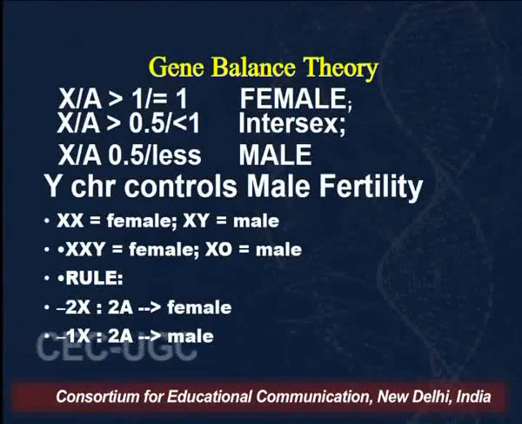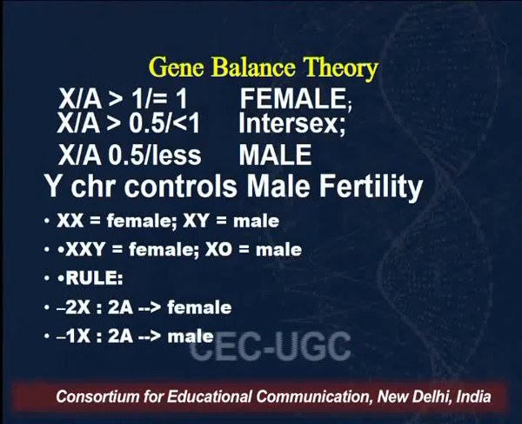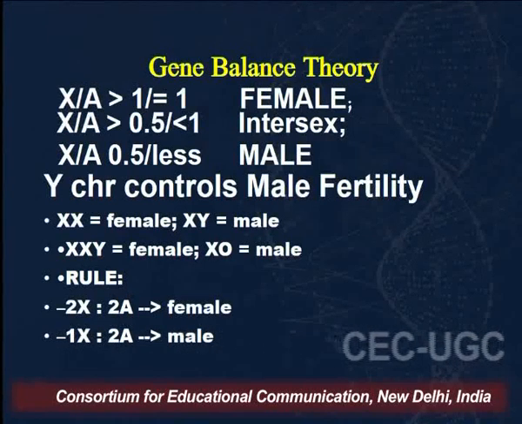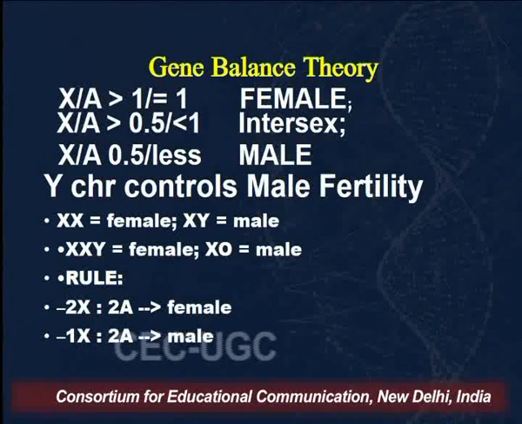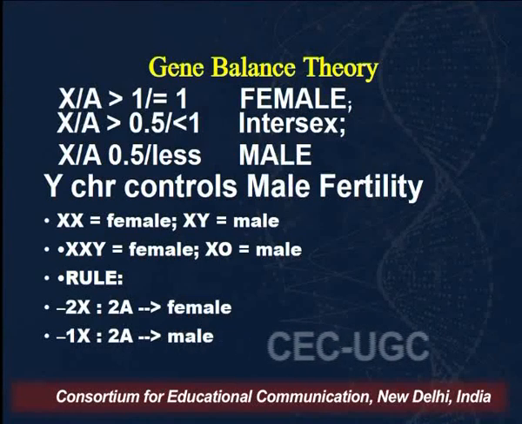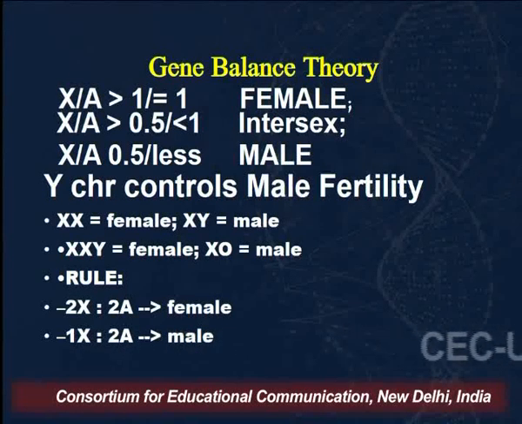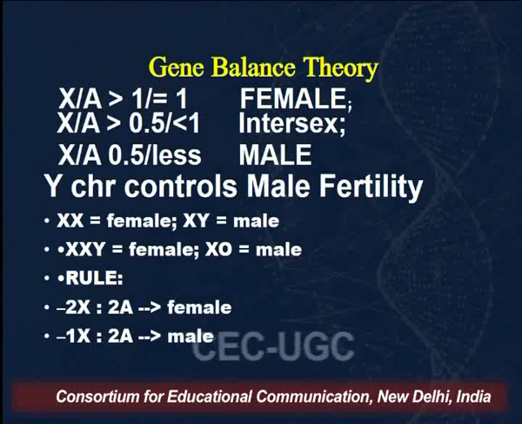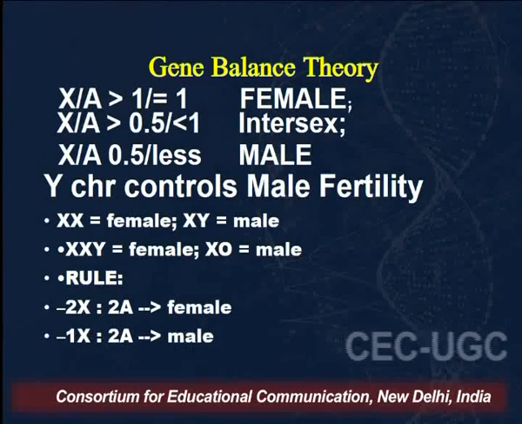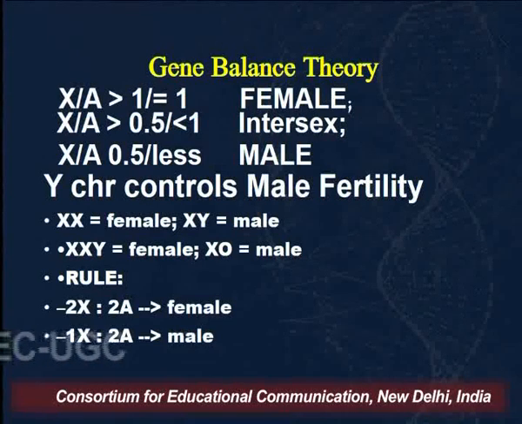Here is a summary of the gene balance theory on your screens, which suggests that if X by A is greater than or equal to 1, then you can think of a female or a meta female. If it is greater than 1, it is a meta female. If the ratio is 0.5 but less than 1, then it is intersex. If it is 0.5 or less, then it is male.